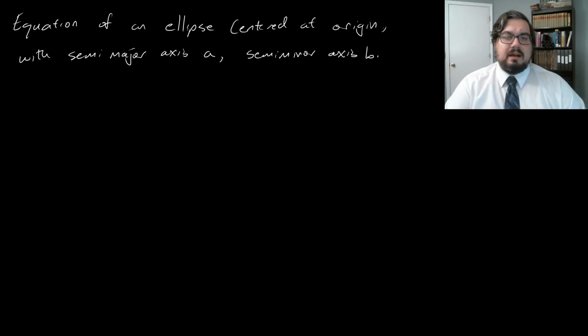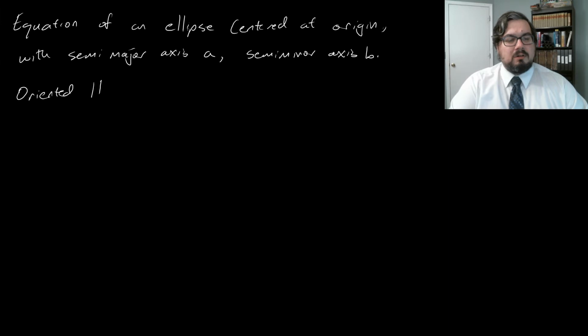So we are going to have two different pictures here. So if we're oriented horizontally, then the equation is x squared over a squared plus y squared over b squared equals 1.